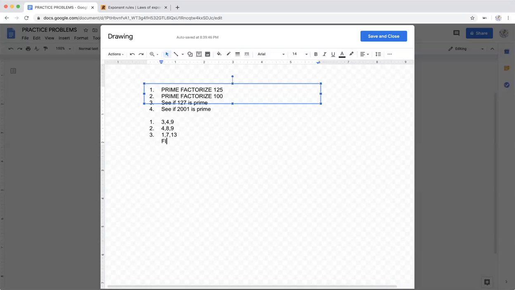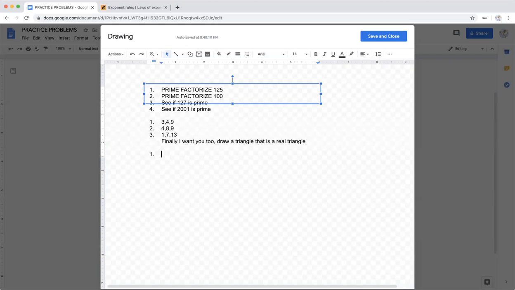And finally, I want you to draw a triangle that is a real triangle. So it cannot be like 2, 4, 25, because that's not a real triangle.